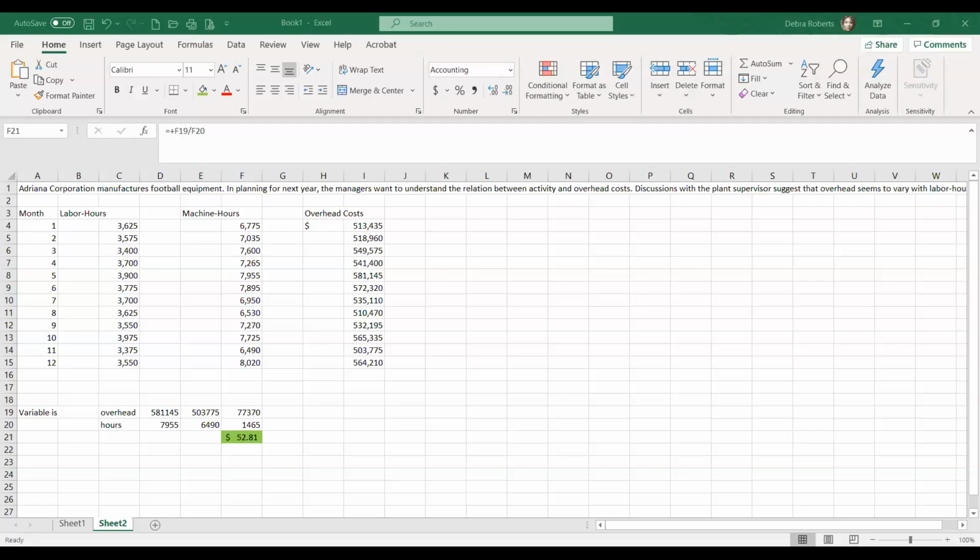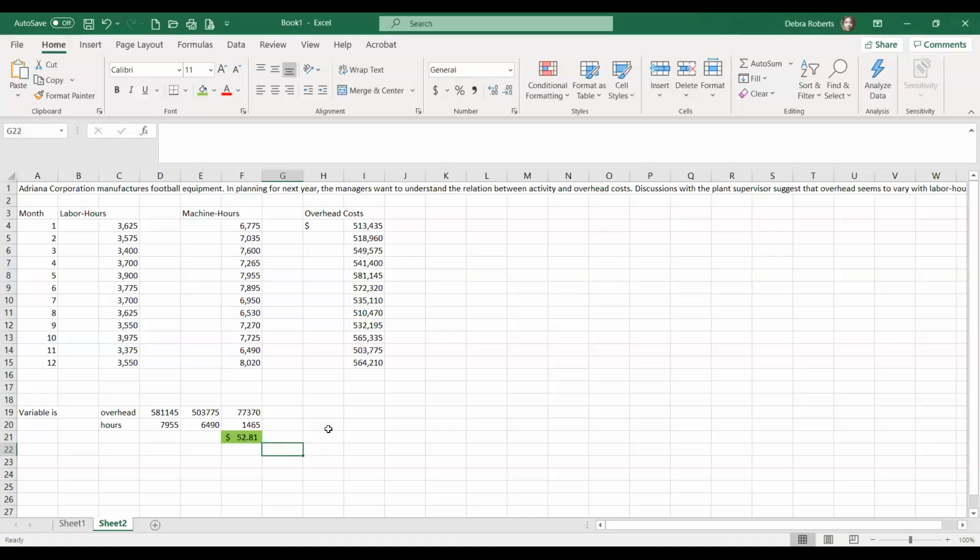So let me stop my share, and I'm going to take my 5281. I'm not really sure why it's having a problem with my rounding, but I'm going to take my $52.81 and multiply it by the number of units in machine hours, and that's going to be the 8020.